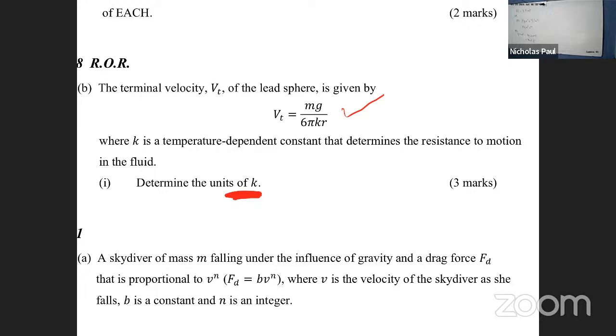Take a little read. What do you think? How will you find it? We know the equation. If I put in the left hand side, and then the right hand side too, whatever is missing between the right hand side and the left hand side will be the unit.